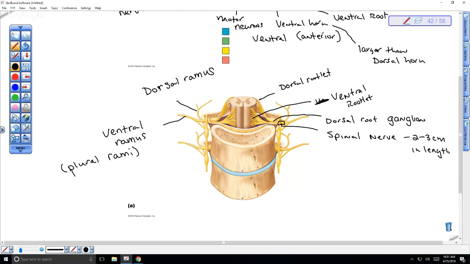So the ventral ramus is going to go to all the muscles on the front side and actually the side of your body. It is also going to go to all of your organs. So the ventral ramus is the front side body and organs. The dorsal ramus is just the back of the body.